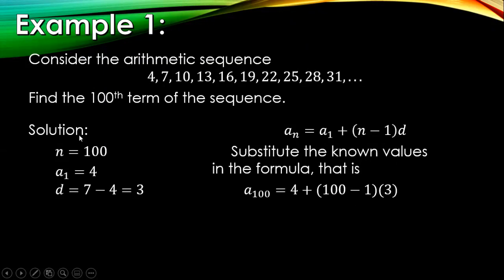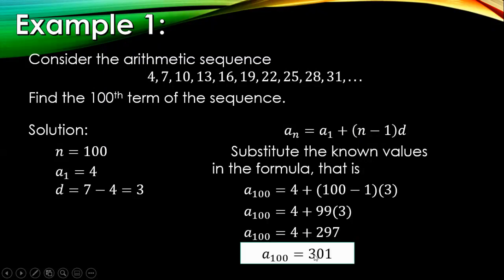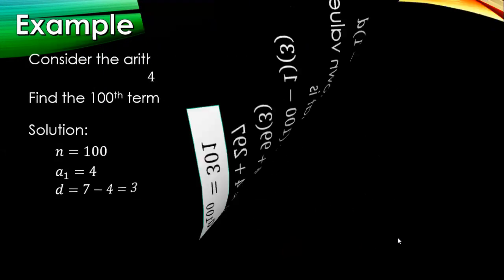These are the values obtained from the given. Simplifying, we have 4 plus 99 times 3, then 4 plus 297. So the 100th term of the given sequence is 301.